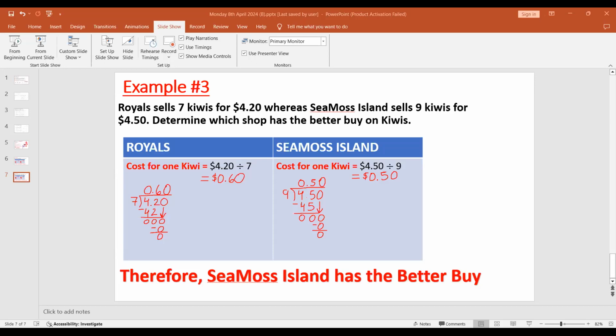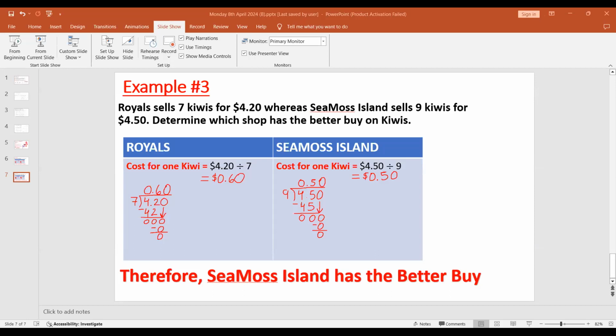When you divide them, you get 60 cents. Then for Sea Moss, the cost for 1 kiwi is $4.50 divided by 9, and that is 50 cents. So it's 10 cents less. So Sea Moss Island is the better buy.